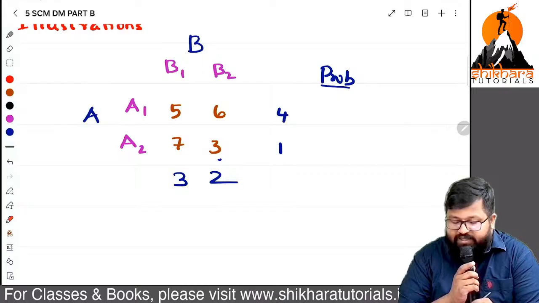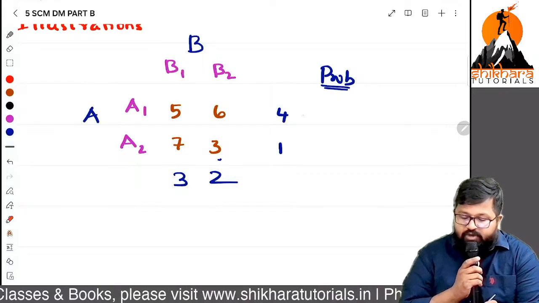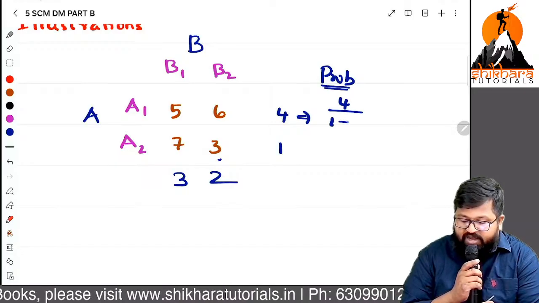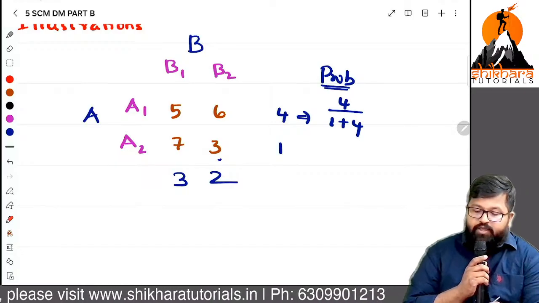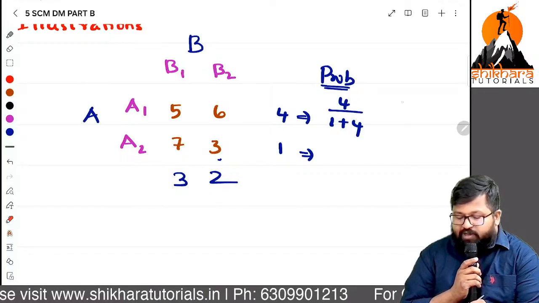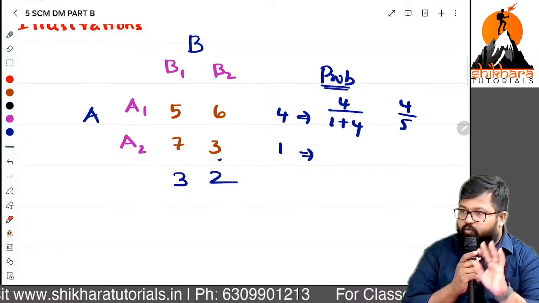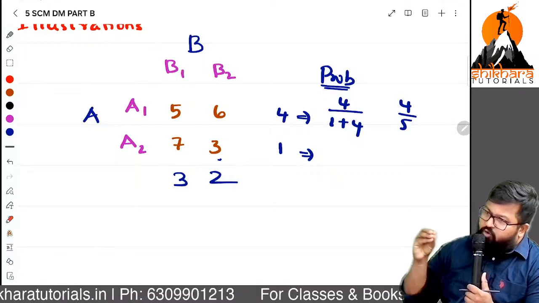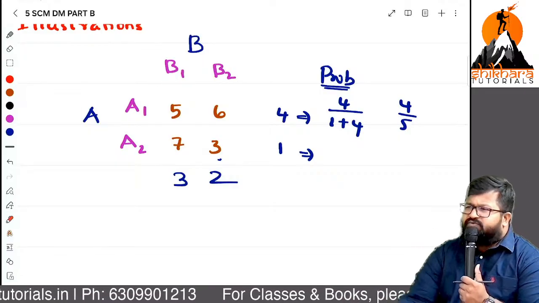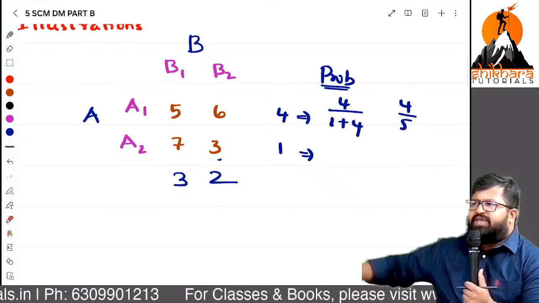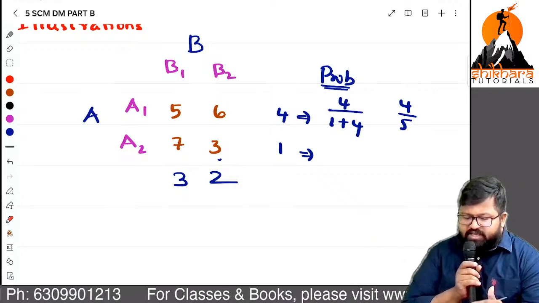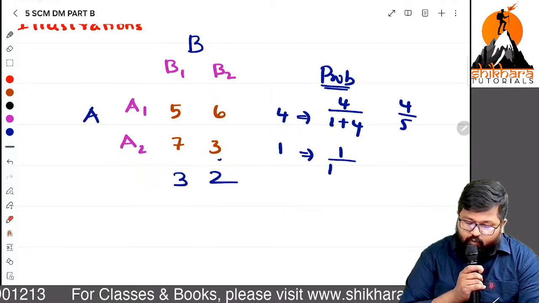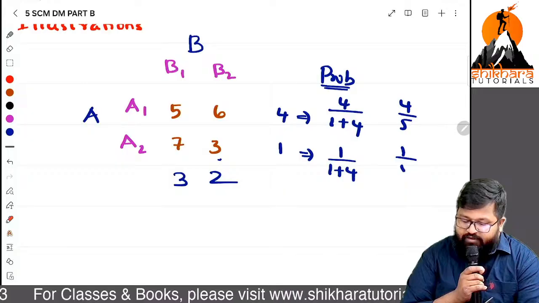What is the probability for the first row? 4 by 1 plus 4, which is 4 by 5. Do not convert to exact decimals; if you go with decimals, the calculations become more complex, so take the values as fractions for convenience. What is the probability for A2? 1 by 1 plus 4, that is 1 by 5.